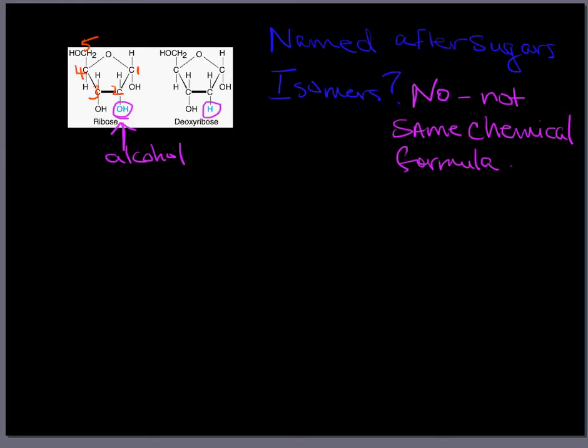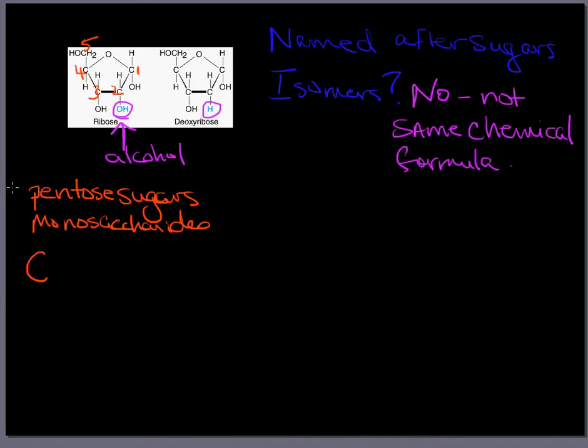So these are pentose sugars. They are monosaccharides. And on carbon 2, in ribose, there is an OH group.